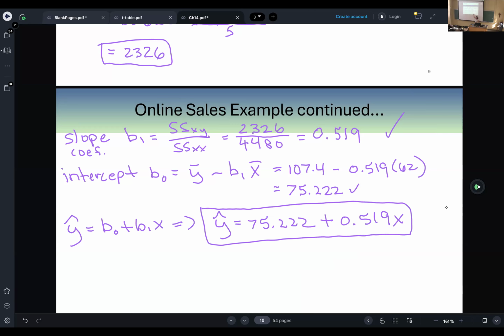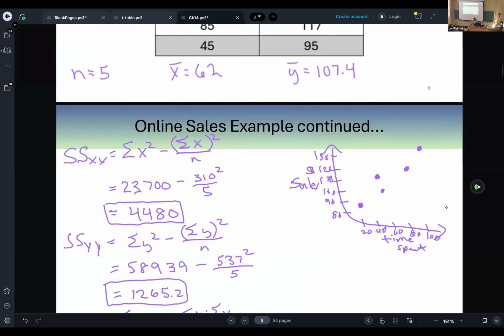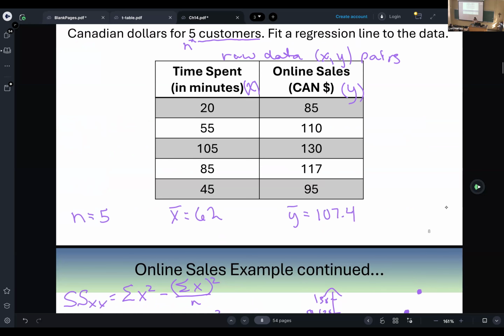Why do we want this line? We want to plug in some values of x. We want to know what the next customer, let's suppose a customer spends 60 minutes. We don't have 60 minutes in our data. This is what the line's for. So what would be the average amount of money a customer who spends 60 minutes is going to spend?